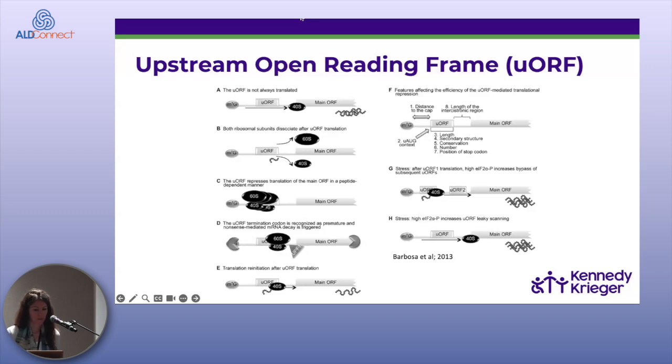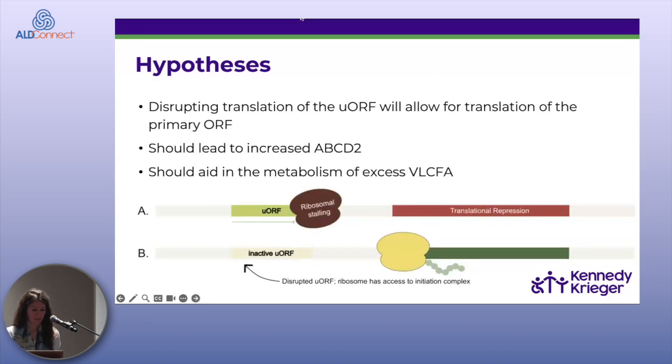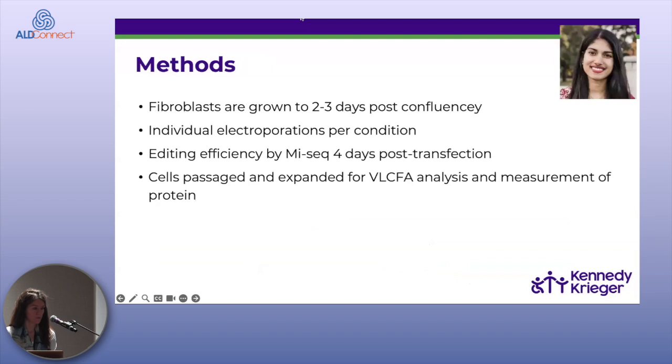And so I've been working with one of Dr. Newby's postdoctoral fellows, Sylvia Thomas. She has designed the complexes and the guides that we've been using for these studies. We've been using patient fibroblasts, so we have a number of patient fibroblasts at the Kennedy Krieger Institute from many, many years. We grow these cells to 2 to 3 days post-confluency.